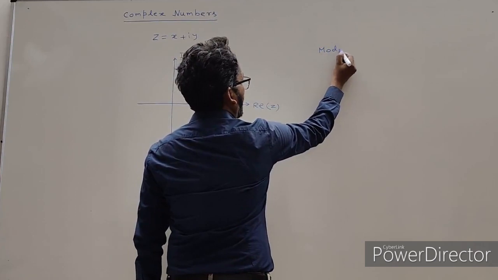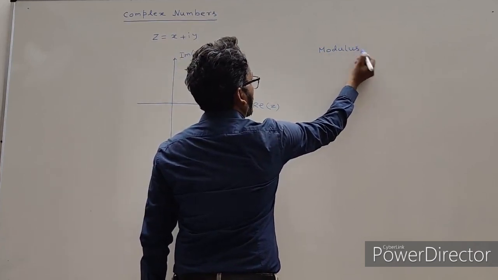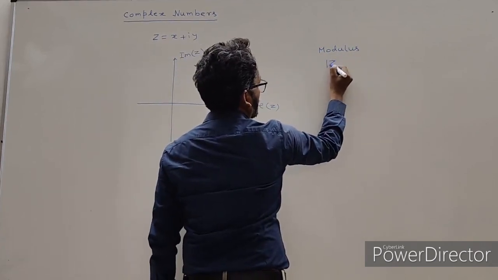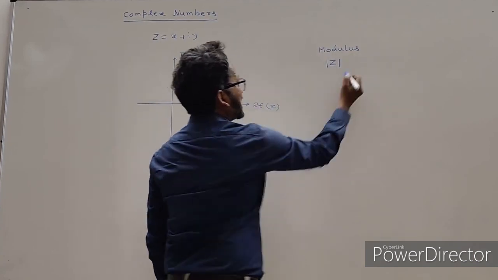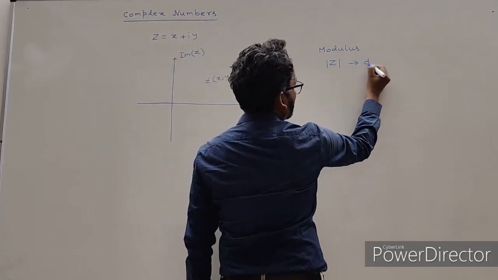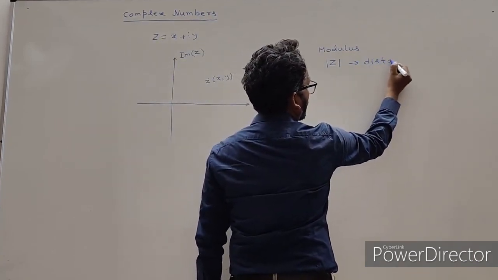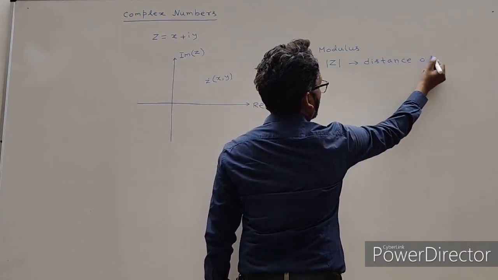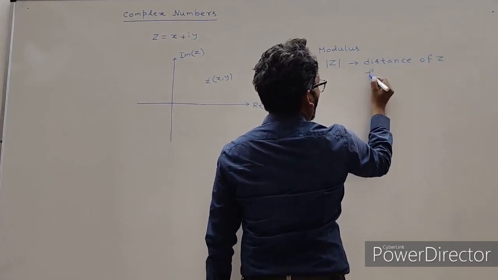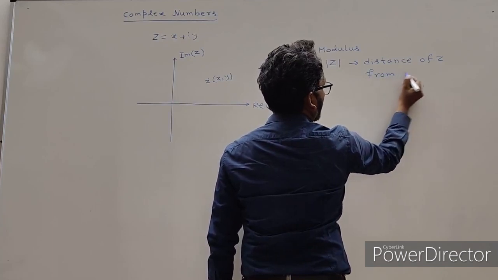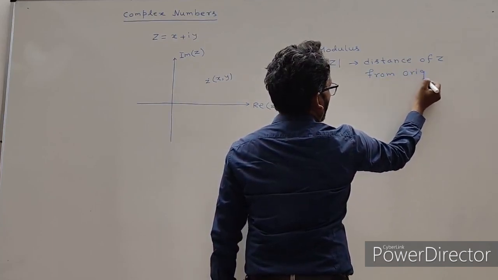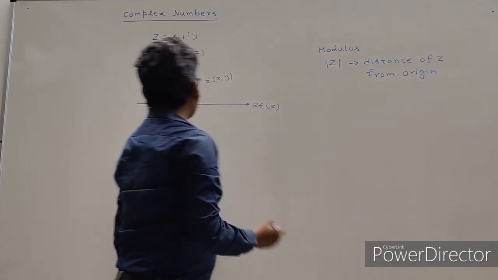Now the modulus of z is nothing but the distance of z from the origin.